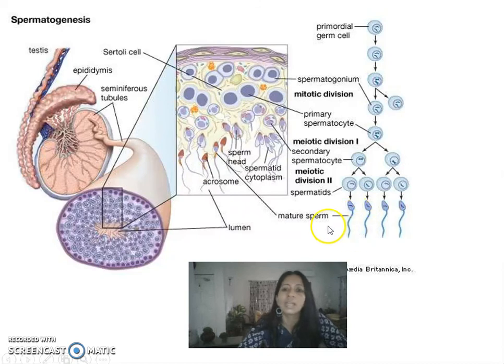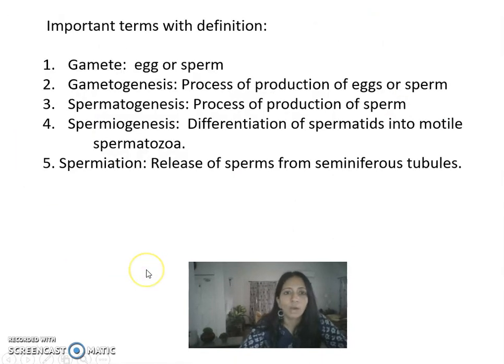This completes the formation of sperm, and the sperms are released. Now some new terms we need to remember: spermatogenesis, the process of production of sperms. Spermiogenesis, the differentiation of spermatids into motile spermatozoa. And spermiation, the release of sperms from the seminiferous tubule.